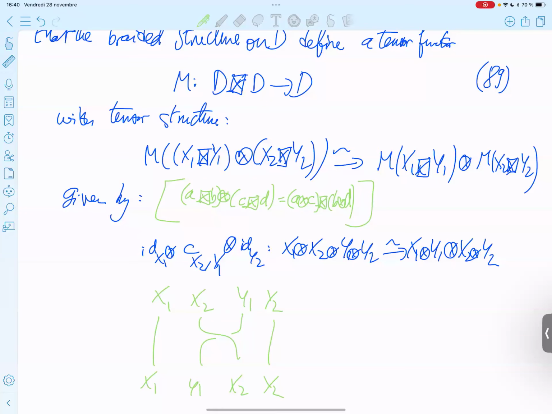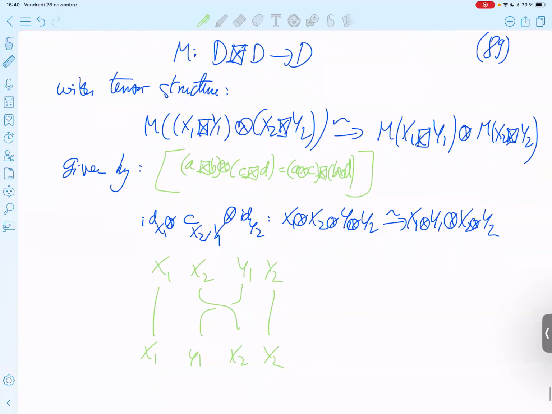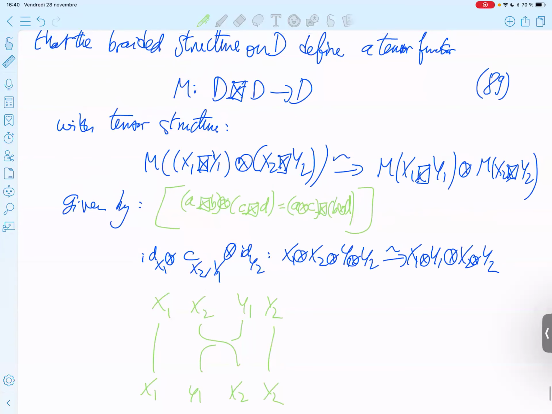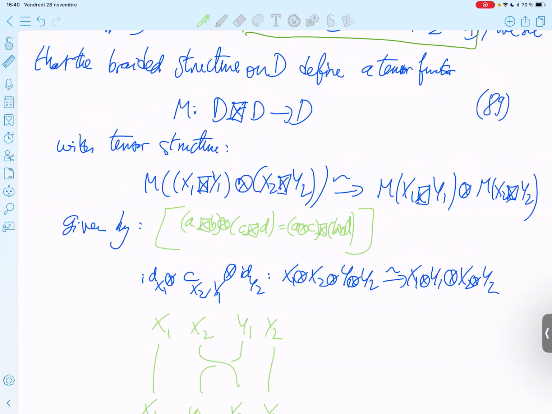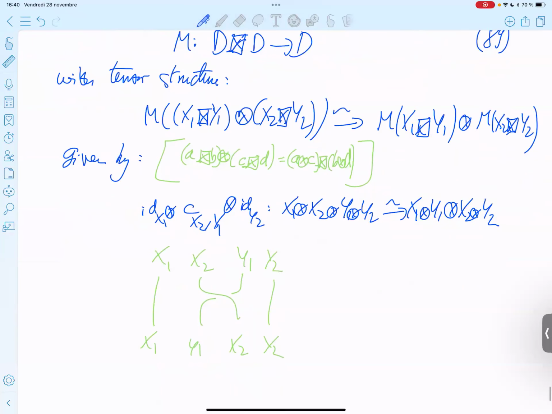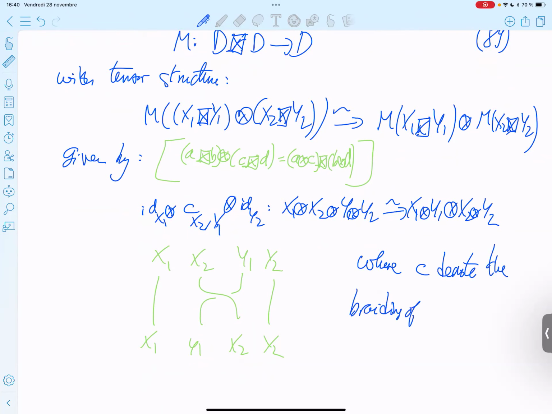Here. So you have this braiding defining this morphism. And here the braiding is the braiding of this.